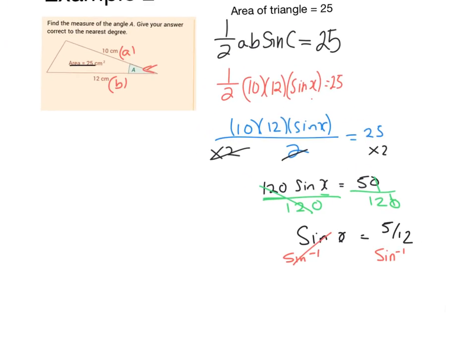So then I actually get in this question here, X equals sine to the minus 1 of 5 over 12. Okay, and then you're going to your calculator, you're making sure it's in degree mode, you're typing that in, and it's to the nearest degree if we look at the question. So we should be getting X equals 25 degrees. Okay, so you should be ready to do activity 4 now.